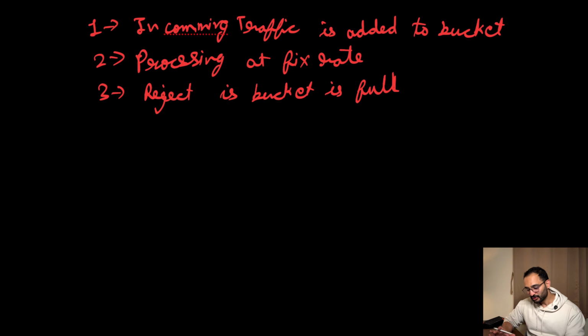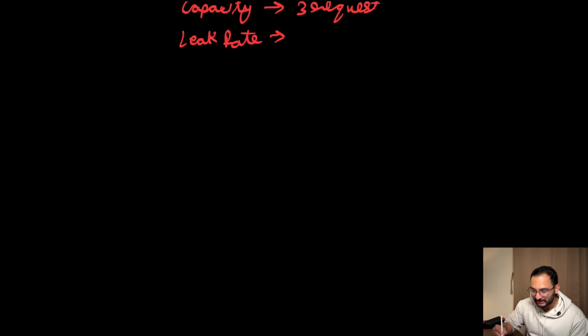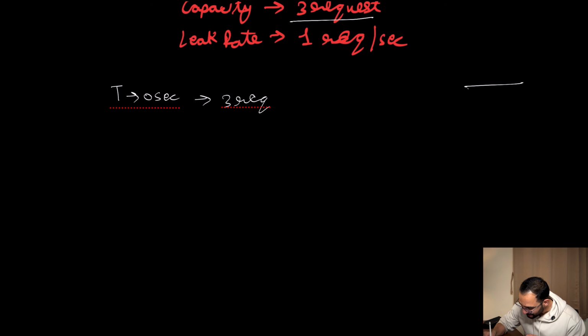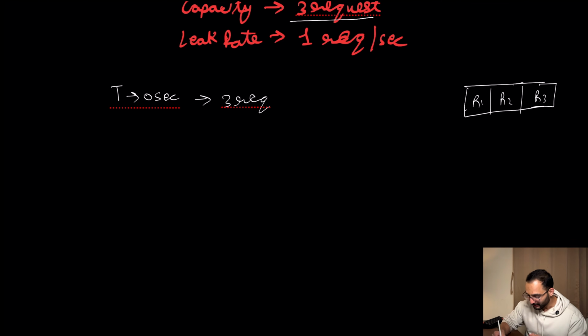Now let's understand this concept with an example. Let's say we have a leaky bucket with capacity of 3 requests, and the leak rate, the rate at which requests are processed, is 1 request per second. Let's say at t equal to 0 seconds we got 3 requests. Our capacity is 3 requests and our bucket is currently empty, so we will accept all these 3 requests, R1, R2, R3, and our bucket is full.